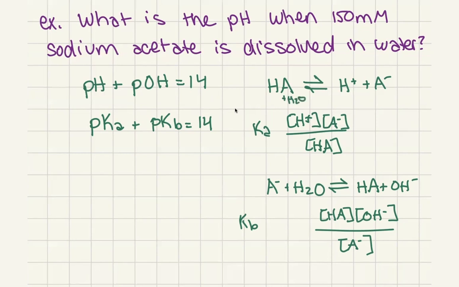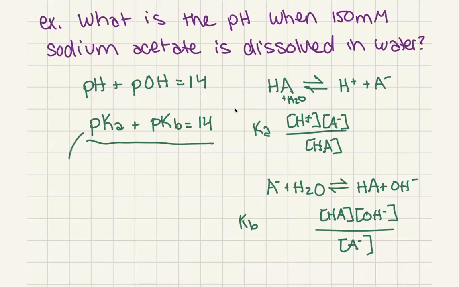When we do this, we can see that if we solve one of these equations for the other and incorporate the water's equilibration, we get the equation pKa plus pKb equals 14. With this relationship, we can solve for our Kb, which we can then use to solve for the pKb.